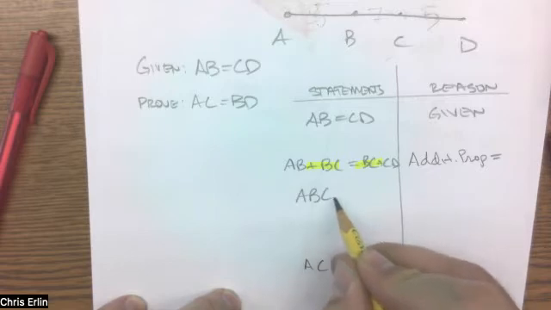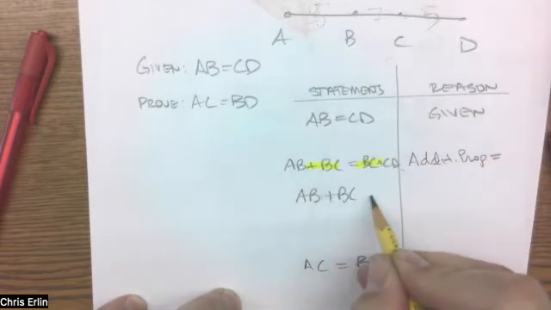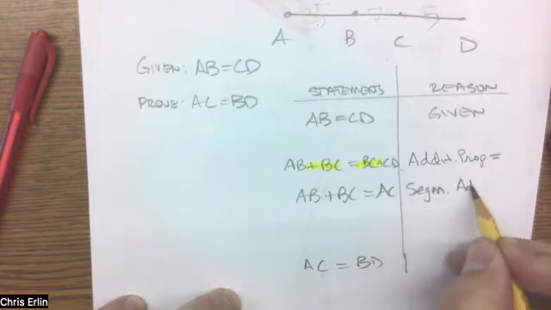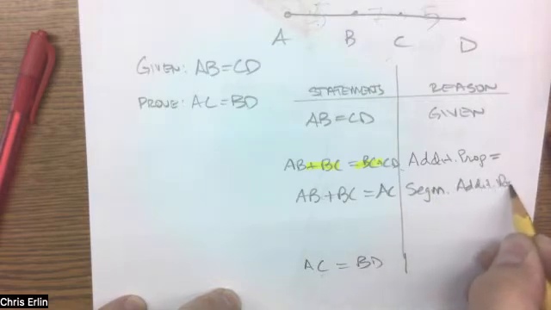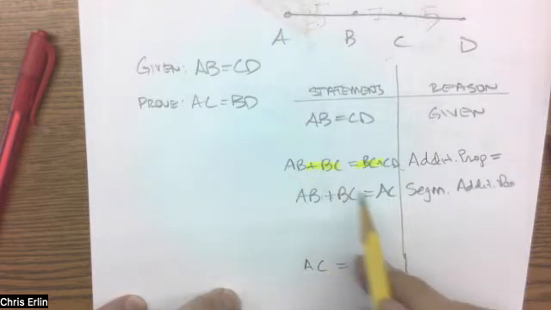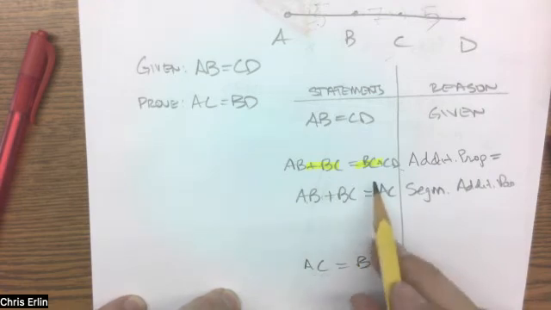Beautiful. The segment addition postulate says that AB plus BC equals AC. And so if I know that the left side of this is already AB plus BC, can't I just replace that with AC and put it there? Can I do the same with the right-hand side?